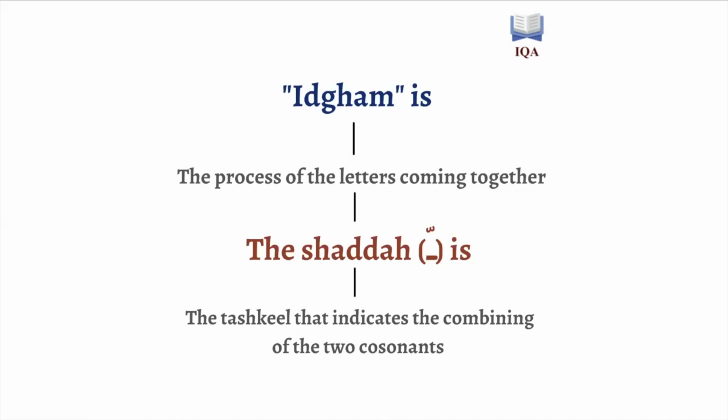And the shadda is the tashkil, the diacritic, that is there to indicate this combination of the two consonants. So when idgham happens, the way for me to show that it happened is with the shadda. So the shadda, the little W thing, is the sign to indicate that idgham just happened here. Pretty much that's what it's there for. Okay, so that is what the idgham and that is what the shadda is.